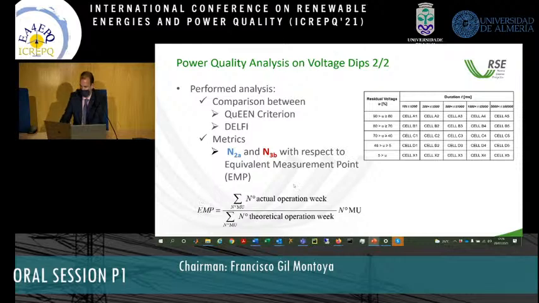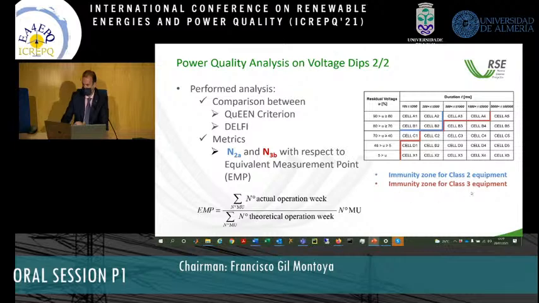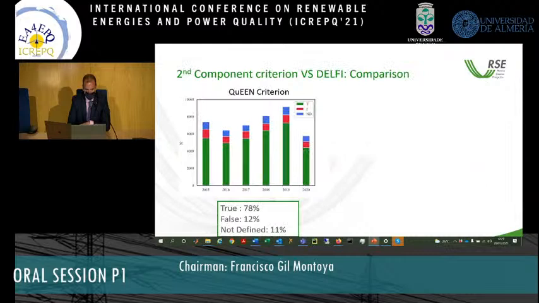The N2A is an index that counts the number of voltage dips occurring below the immunity zone for class 2 equipment, and the N3B is the index that counts the number of voltage dips occurring below the immunity zone for class 3 equipment. So, first results: these are the results with the Queen criterion, the second harmonic criterion.